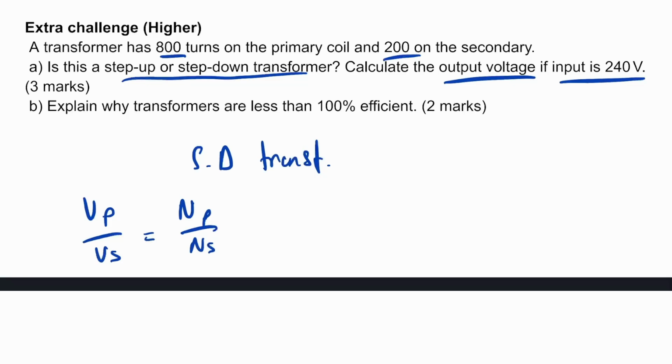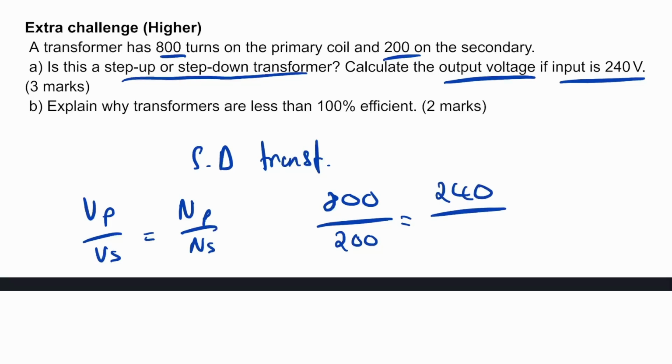We do have the information that the primary coil was 800 turns, so we can say 800 divided by the number of turns of the secondary coil, which was 200, is equal to the primary over the secondary. We're told the input voltage was 240 volts, so on the primary coil we had a voltage of 240 volts.